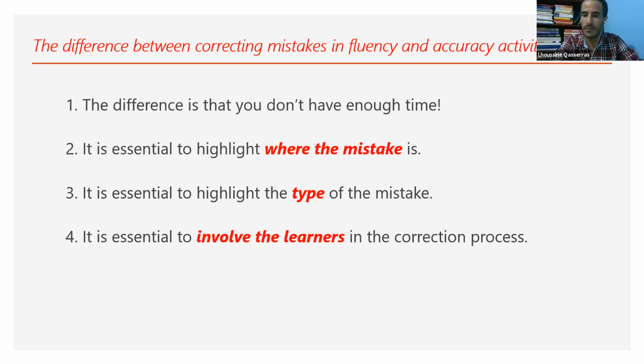Muna said, please could you repeat the second point? The second point, it is essential to highlight where the mistake is. Now, fluency and accuracy, speaking and writing. If the student is writing an email and he makes a mistake, like the boy is beautiful, I'm going to underline and highlight beautiful. If in a speaking activity the student doesn't know how to pronounce stomach, I'm going to underline and write th.